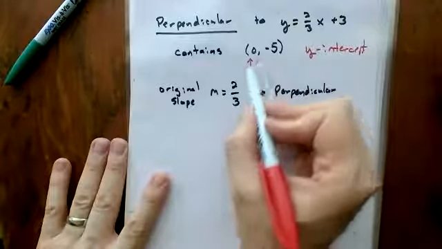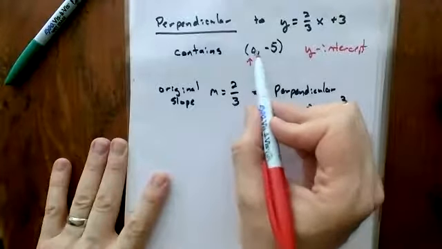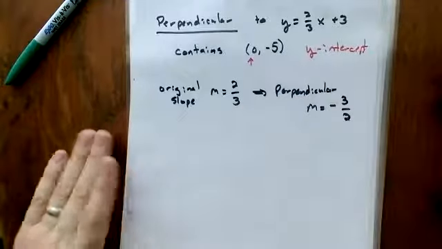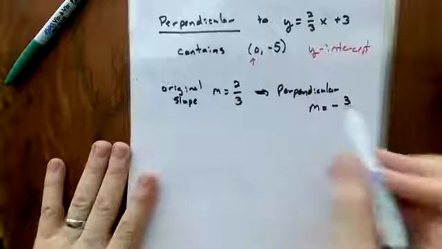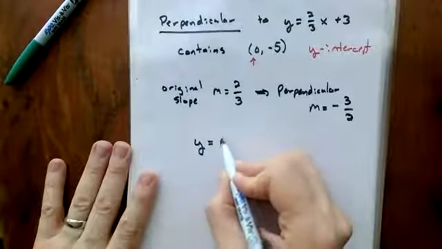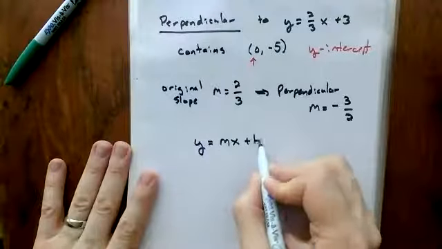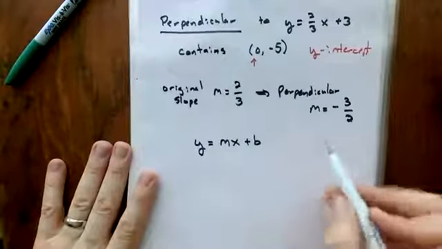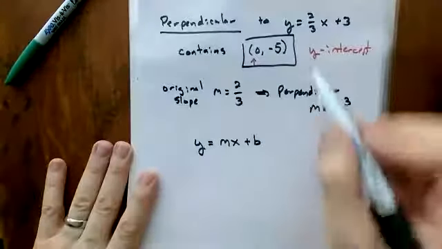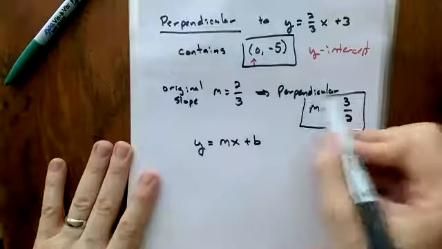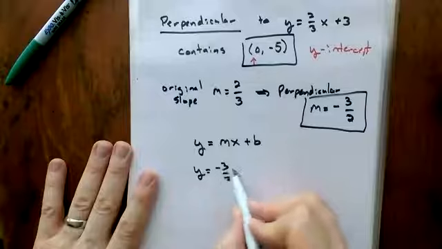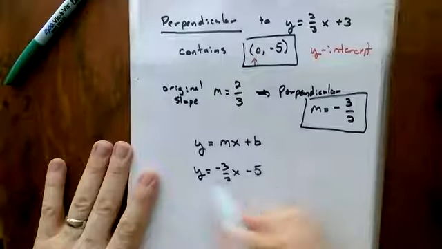Every point on the y-axis has 0 for an x value, which means that because I've got a y-intercept, I can use my slope-intercept formula, y is equal to mx plus b. The nice thing here is everything I need is right at my fingertips. I've got my y-intercept and the slope I'm going to use for my line. So this is going to be y is equal to -3/2 x minus 5. And we're done.